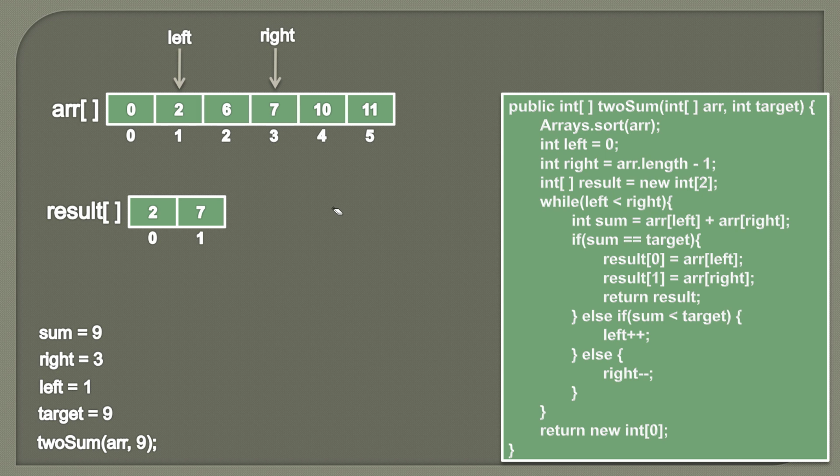So friends, here you saw the significance of why we sorted the array. Because if the array is not sorted, then we need to compare each element with every other element. So this would have given us a time complexity of O of n square, which is not a good time complexity.